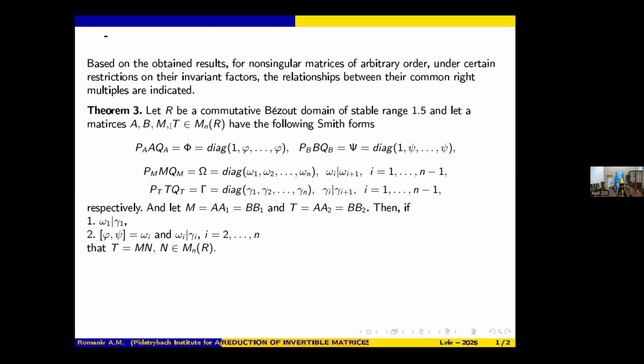Let matrices M and T be common right multiples of matrices A and B. Then if the next conditions hold, the matrix M is a left divisor of the matrix T.